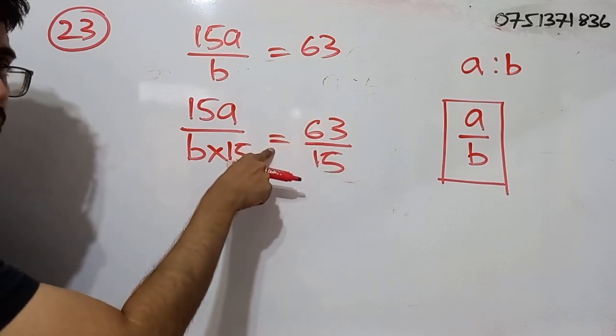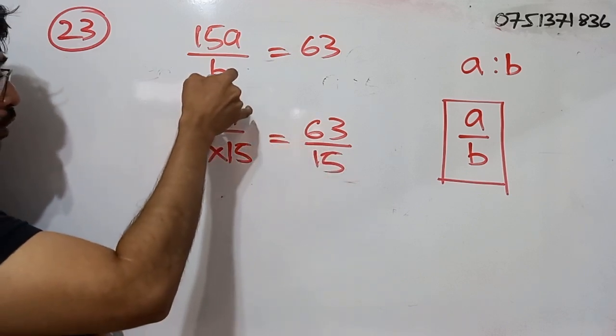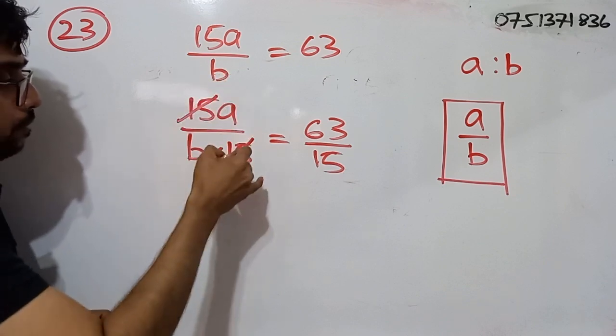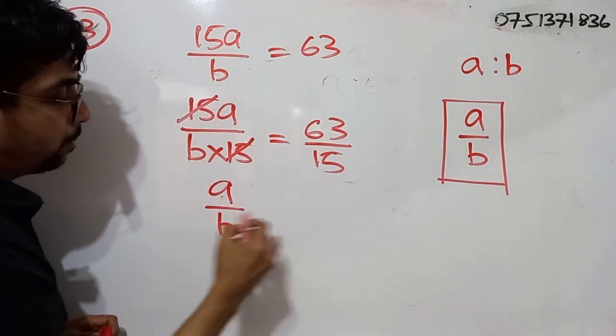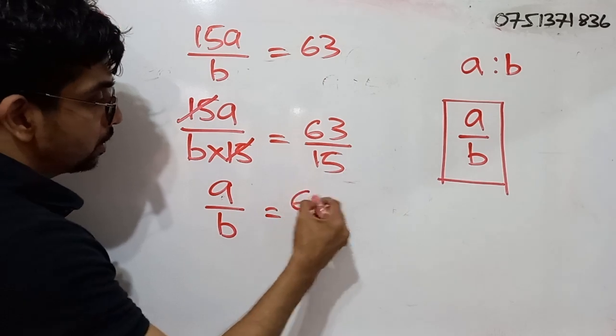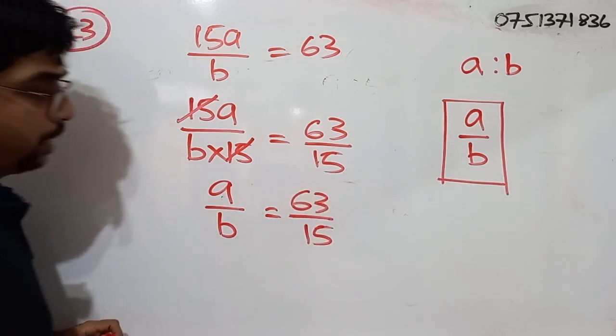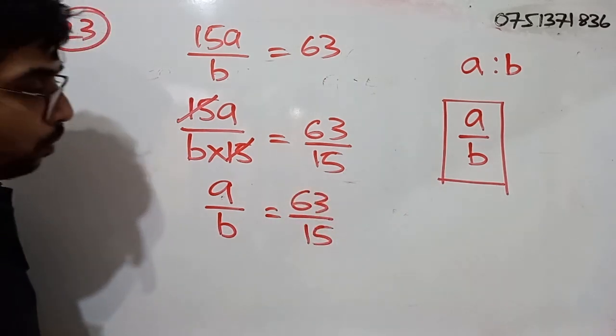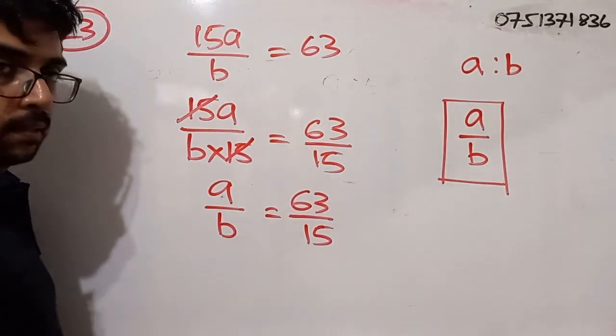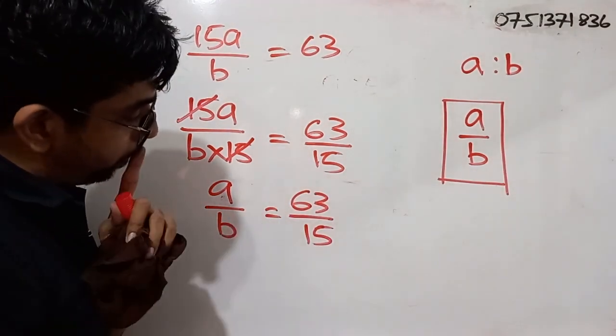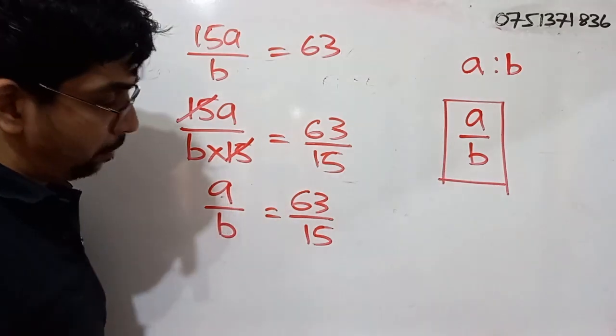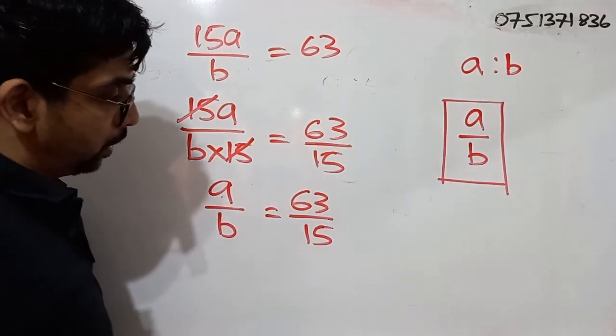These are equations, no? So I can cancel off 15. So a divided by b, that is equal to 63 by 15. Now we can simplify this, right? I can divide both the numerator and the denominator by 3, no?